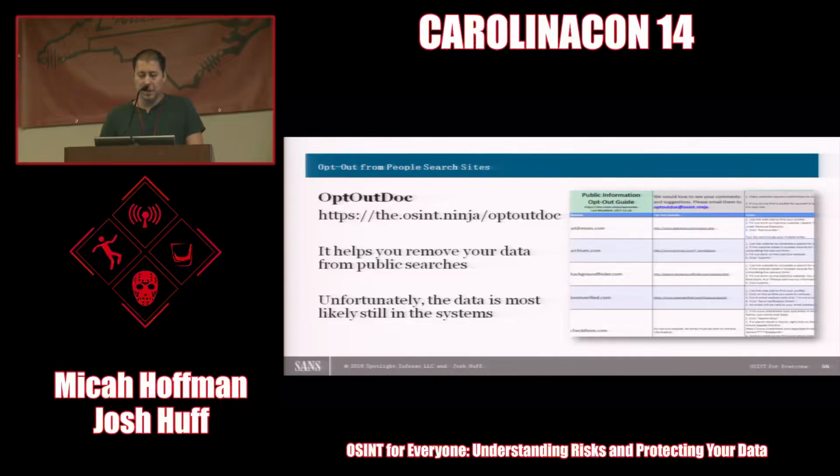Other ones not so much, but they give you the listing of which ones are easy, which ones are difficult. And they've done some work to keep this updated, because people search sites change, they shift, they rebrand. So it's not an easy thing to do, but using a resource like this will definitely help you play the game of keeping your information off of the easy targets out there.